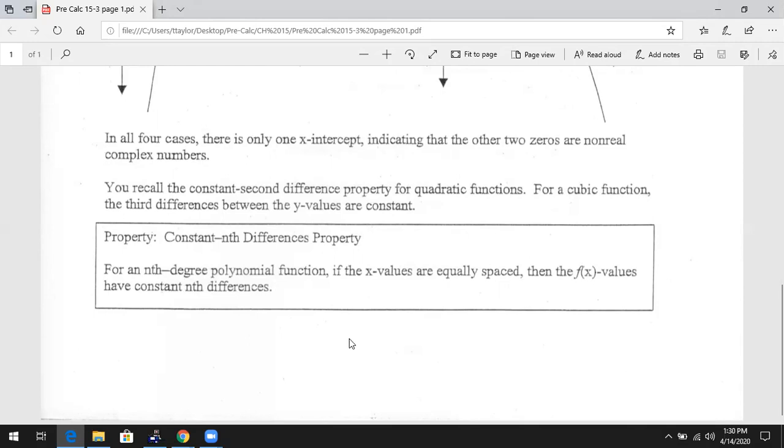So a function to the 4th power will have a constant 4th difference. Something to the 10th power would have a constant 10th difference. A cubic has a constant 3rd difference. We already talked about quadratic, have a constant 2nd difference, and on and on and on.